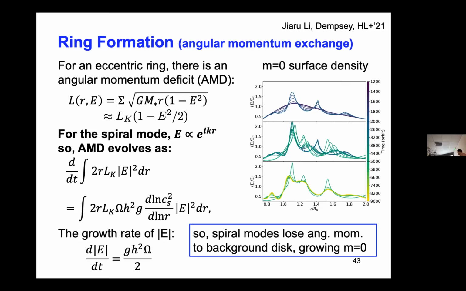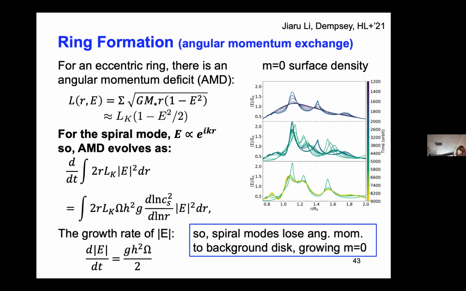The angular momentum then gets shared with the background mean disk profile. Because the eccentric mode has a specific spatial structure, that's how it picks out certain regions to deposit the angular momentum to the m equals 0 background state, and that grows the m equals 0 picture.